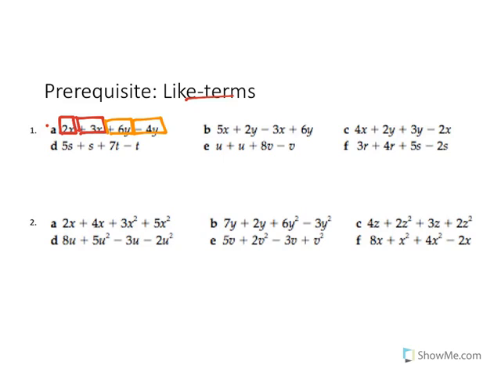2x and 3x together make 5x. Now, 6y and minus 4y. If you think about it, 6 minus 4 makes 2y. Now, we can't just write 5x and 2y.